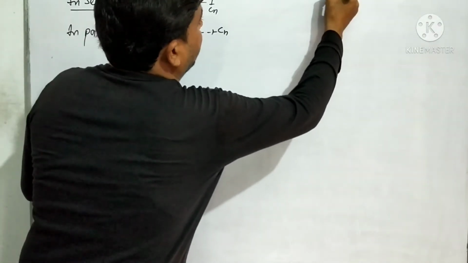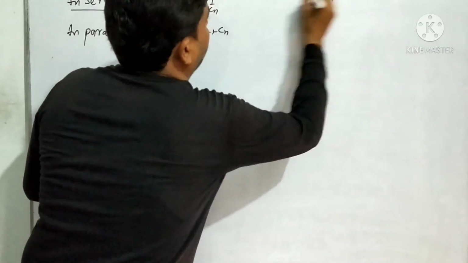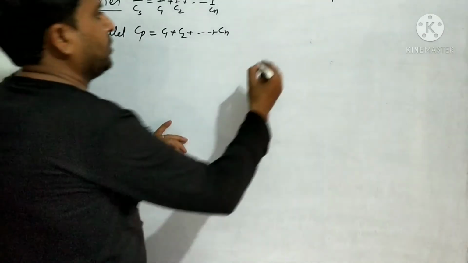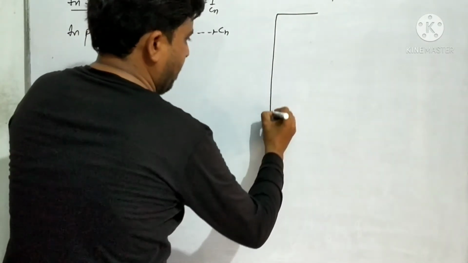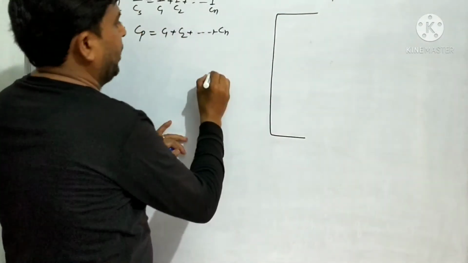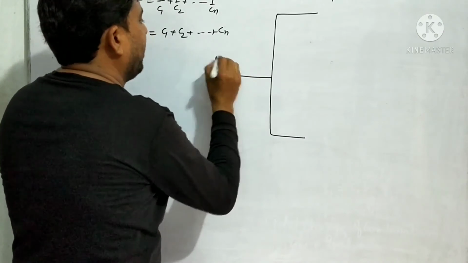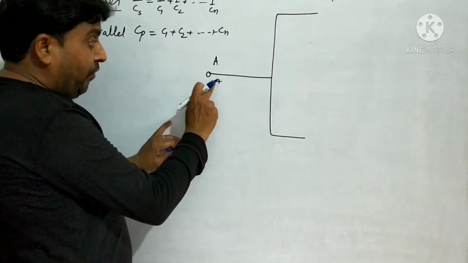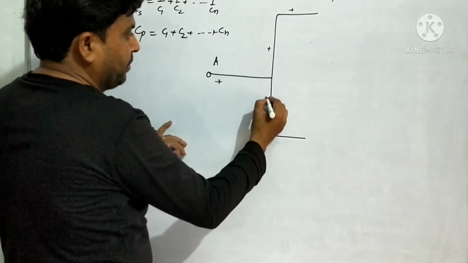Plates capacitor. How is it? Suppose it is terminal A and it has positive charge. If it is positive charge, then everywhere positive charge.